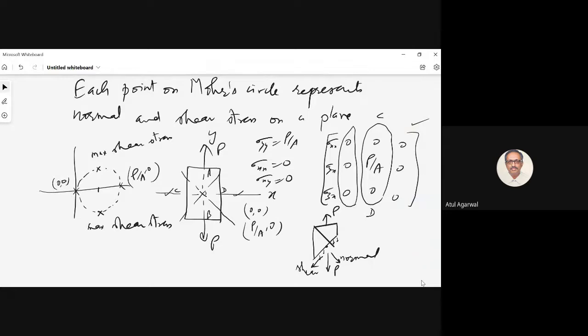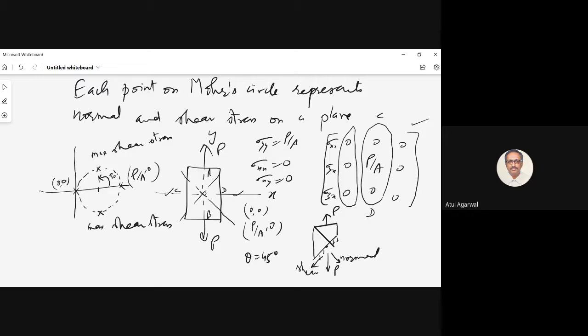So what is done is, what is the maximum shear stress plane? Probably you know that when theta is equal to 45 degrees, you have maximum shear stress. Now, here you are seeing your angle is 90 degrees in Mohr circle, while we know that the theta equal to 45-degree plane has maximum shear stress.